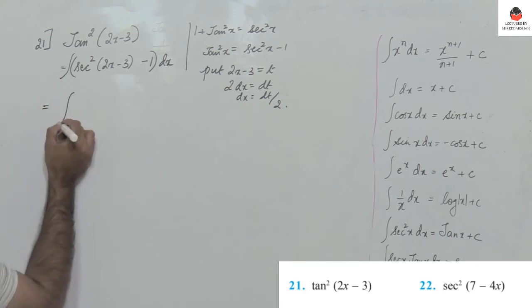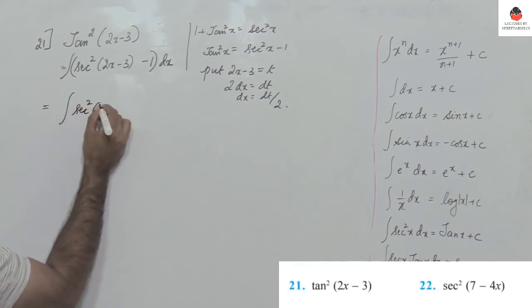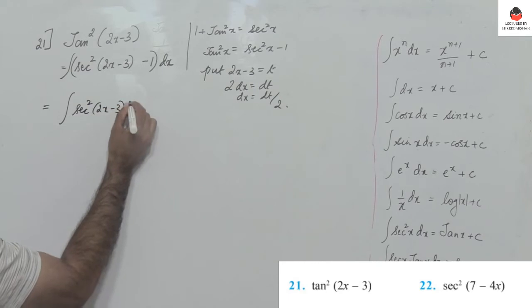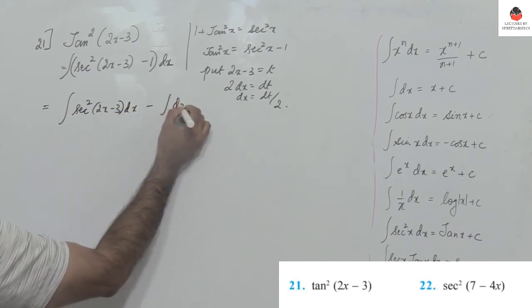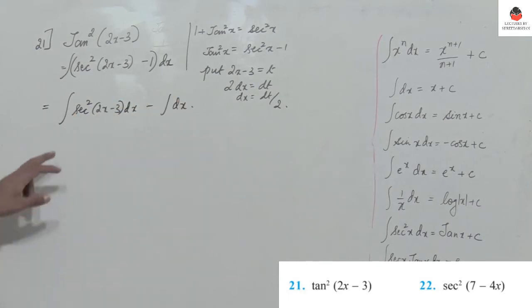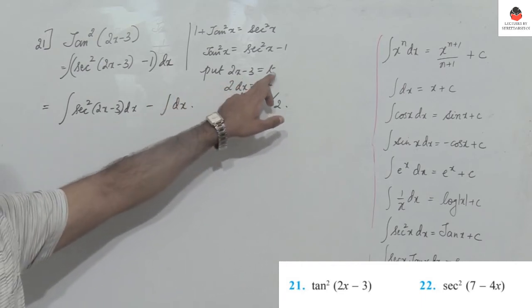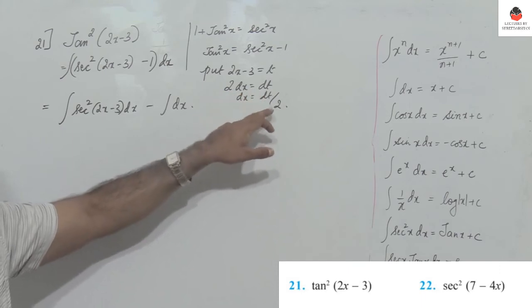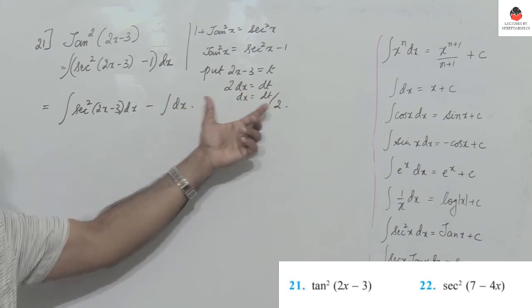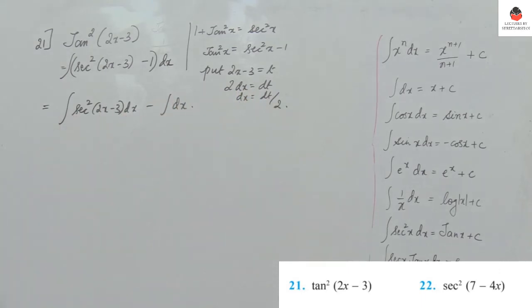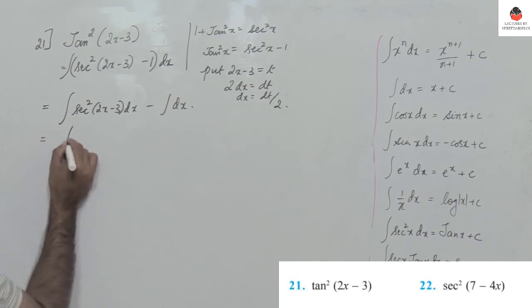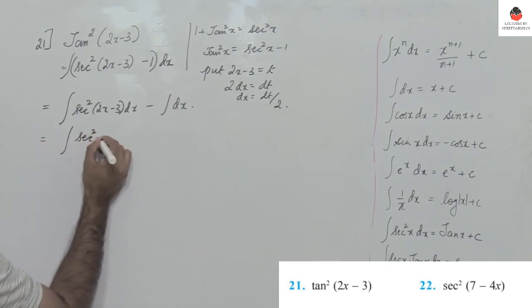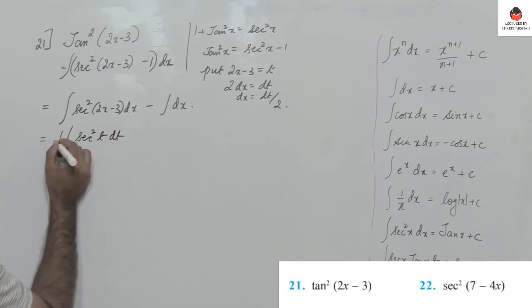So now this can be written as integral secant squared 2x minus 3 dx minus integral dx. Right? So now put 2x minus 3 equals t. So you get 2 dx equals dt, or dx equals dt by 2. So you're going to make the substitution only for the first term. So you have integral secant squared t dt by 2.